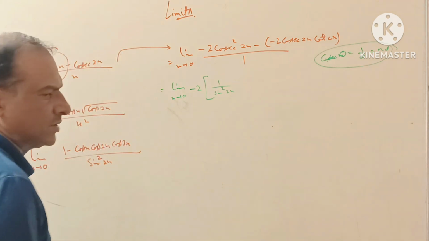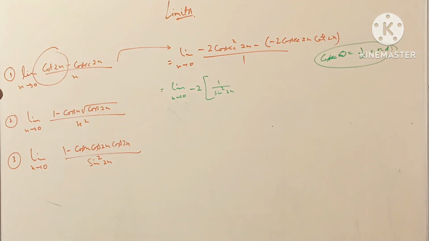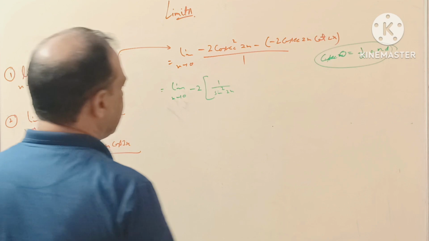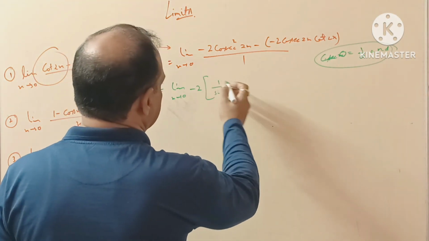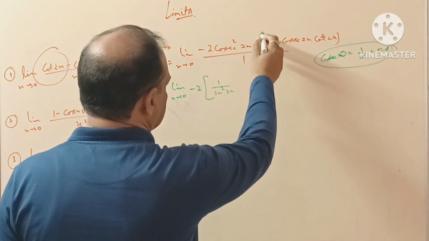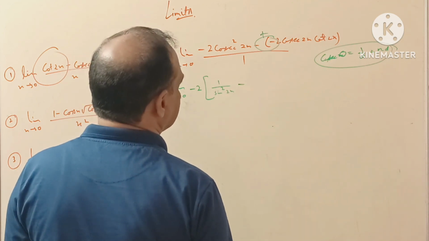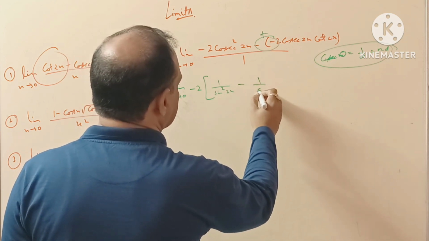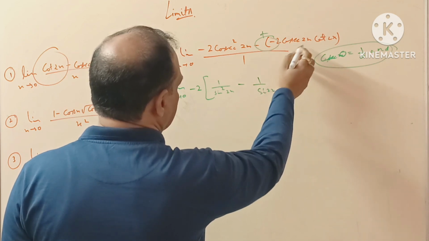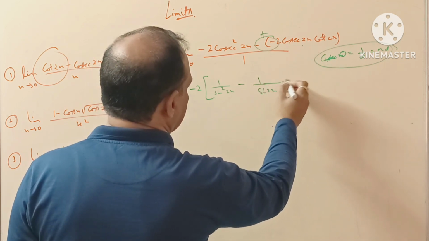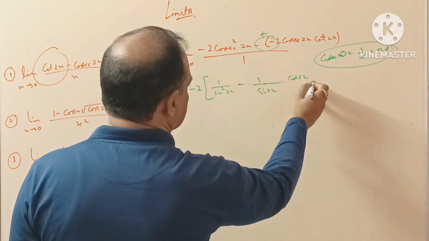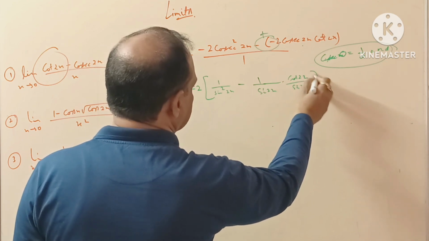I can convert cosec x into 1 over sine x. Furthermore, this is minus, I have taken common here, this is plus. Now it will become minus because I have taken minus 2 common. Now here it will be sine 2x for the cosec, and for the cot it will be cos 2x over sine 2x.